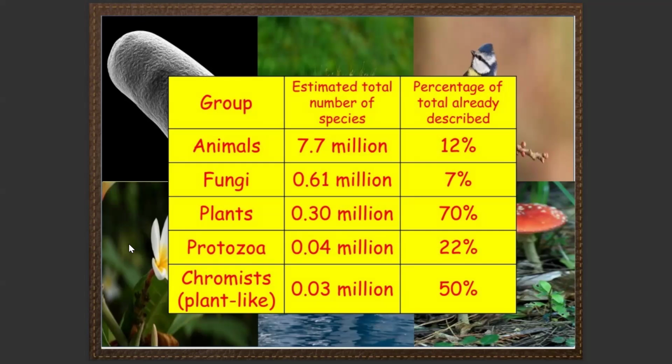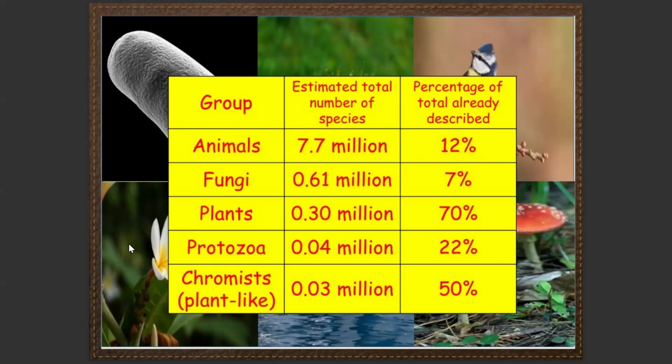I told you there is kingdom Monera, the first one. Then kingdom Protista, then fungi, then Plantae, and then Animalia. So there are five major groups.